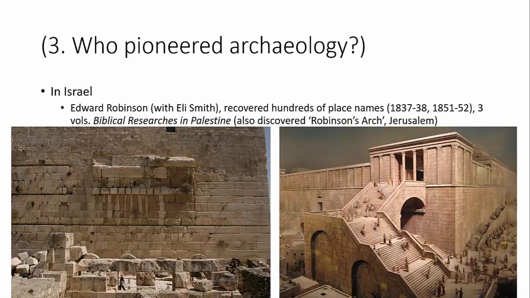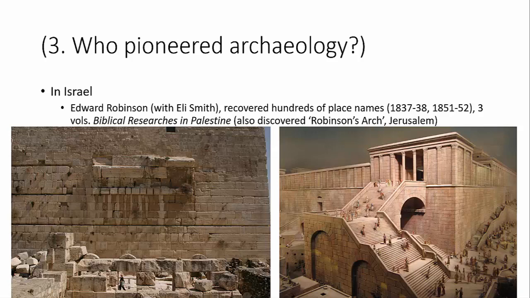Robinson, if you're familiar at all with Jerusalem archaeology, there is a particular arch that he recovered. Now, this dates much later than Old Testament archaeology. It's more in the Second Temple era. But there is a protrusion from the existing wall that is the retaining wall for the temple plaza proper.